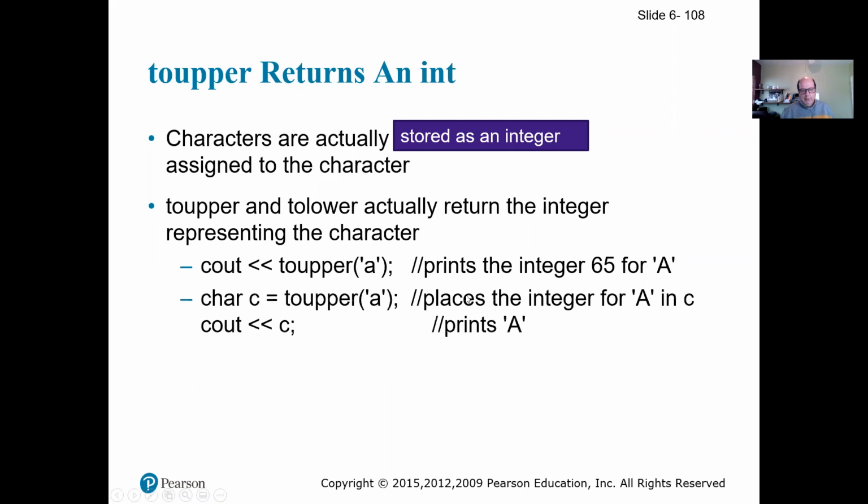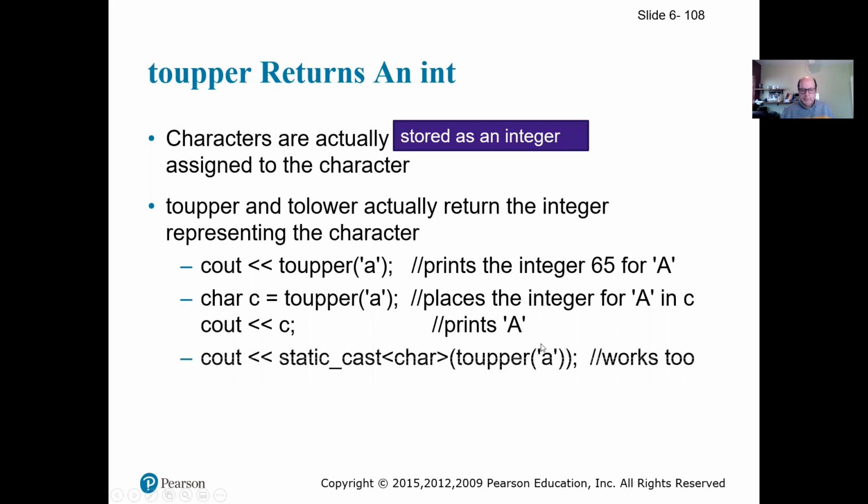If toupper returns 65 and I put that 65 in a character, it is stored as 65, but when I print it, it gives me capital A. We could also use static_cast<char>, which we learned early on, to change the number to a character.